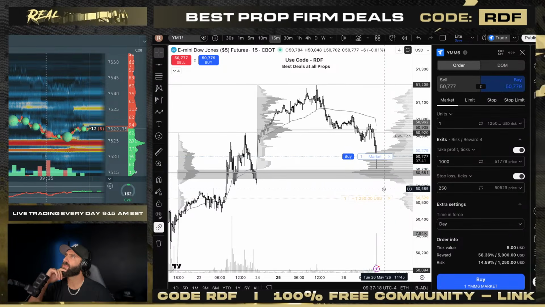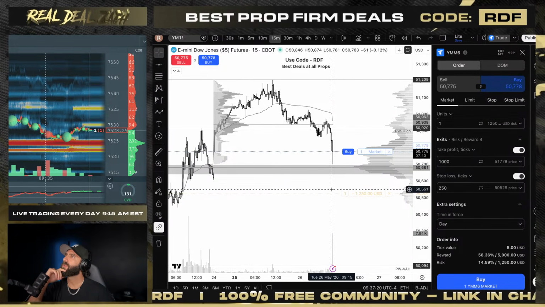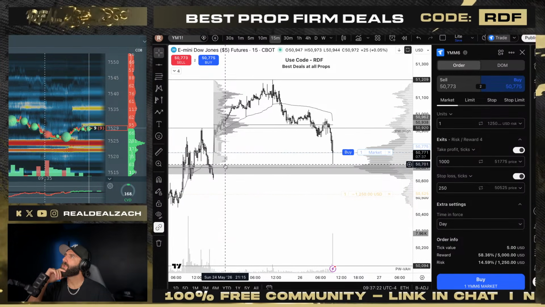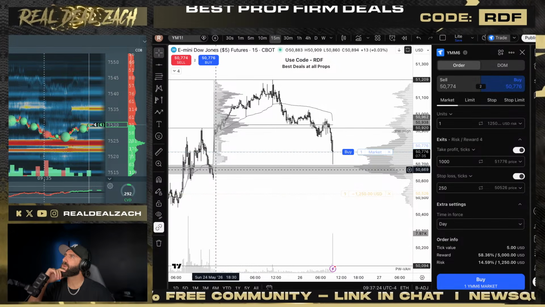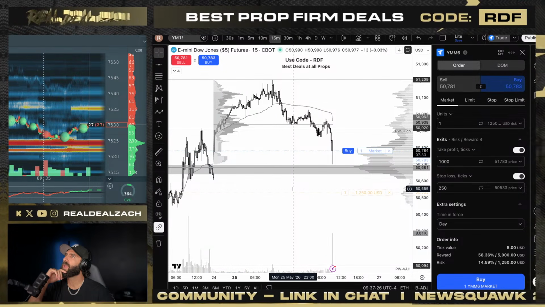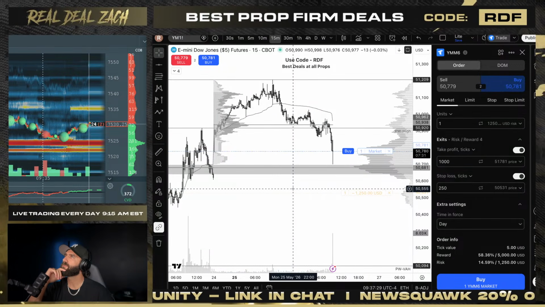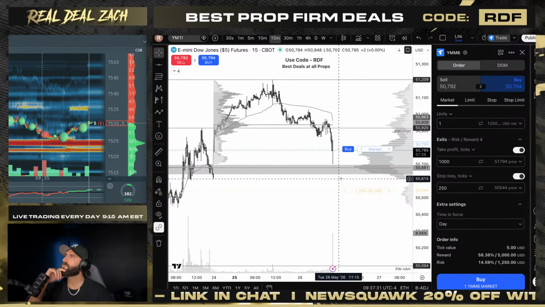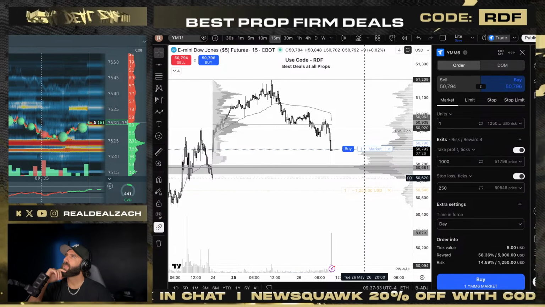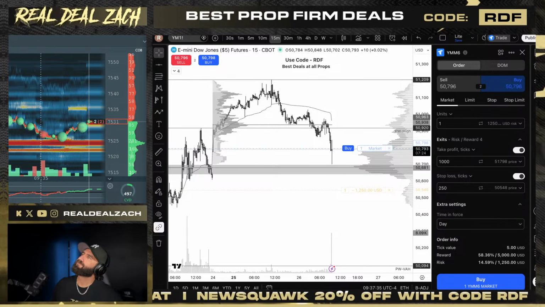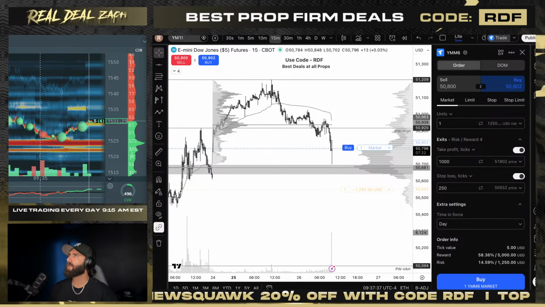You're going to get involved and do something before it. All the way down, real close to coming all the way through, and finding buyers off this low. Let's see if we come all the way right back through to VWAP, and that's our bounce.